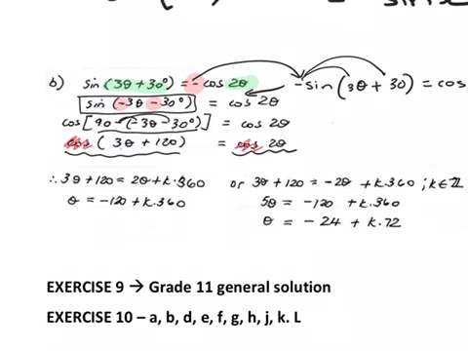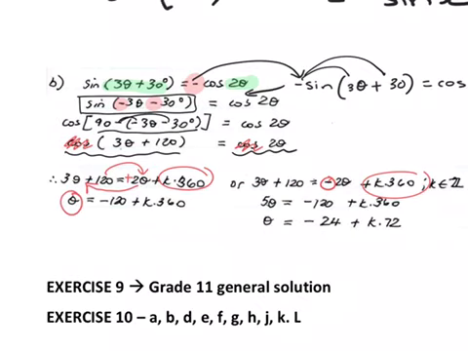But as soon as you drop cos, you start with your general solution. So we know it's going to be plus or minus: bracket equals positive 2 theta, or bracket equals negative 2 theta, plus k360. Then you're just taking your numbers across and bringing your thetas across. So 3 theta minus 2 theta gets you theta.